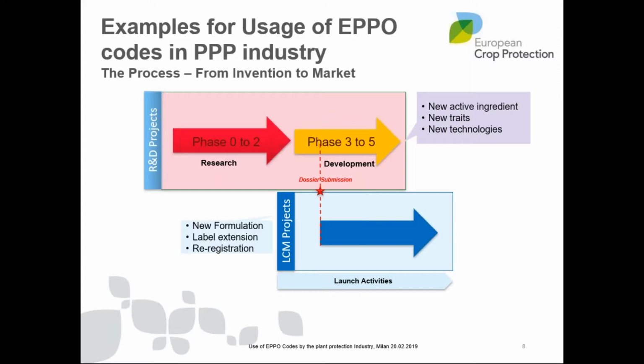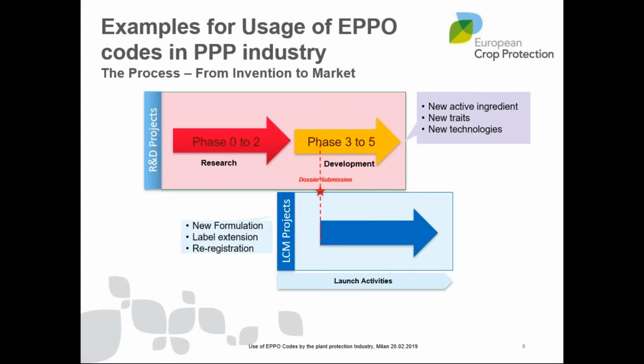And a milestone here is that red dotted line, which is the dossier submission. And finally, when the active ingredient and the product are registered, it can go into the market and the launching activities start.